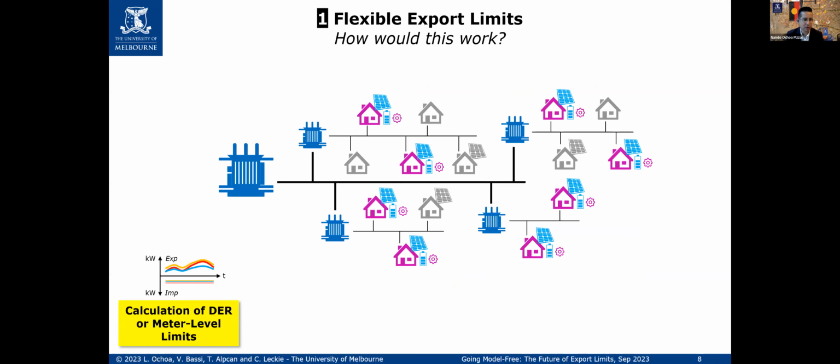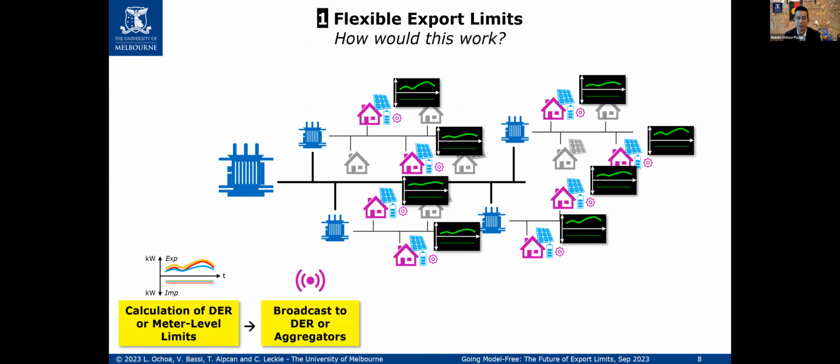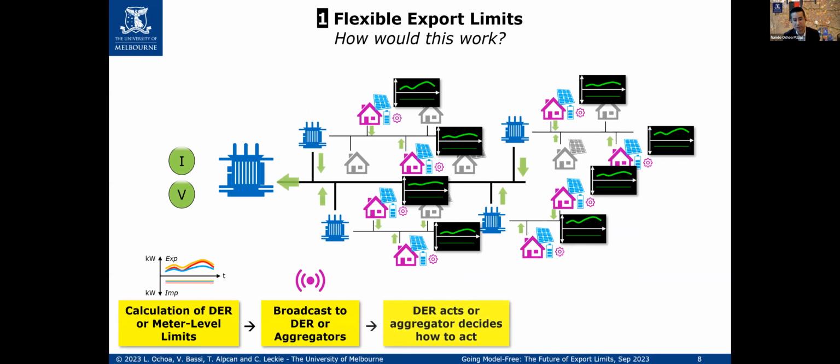Now, how would this work? Well, someone has to calculate these flexible export limits because they are time varying, and they change in time. And then once they are calculated, in advance perhaps, or in real time, they need to be broadcast to the photovoltaic inverter or to the meter connection point, or to aggregators themselves that are managing the corresponding devices on behalf of the end user. And then, of course, the corresponding PV inverter or the aggregator, that is managing everything behind the meter, decides to act according to this limit.